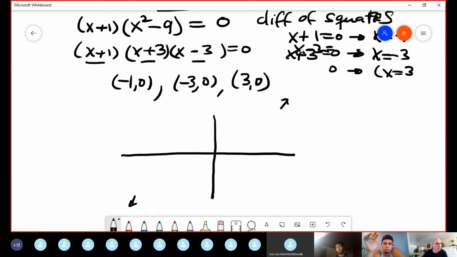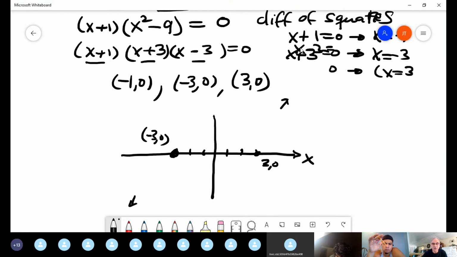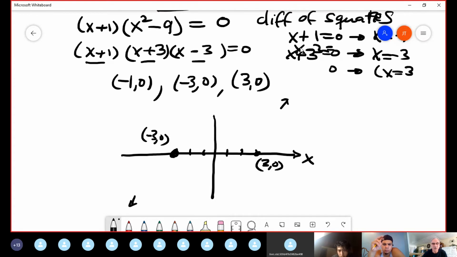We discover that here, at negative 3, 0, we have an x-intercept. And likewise, at 3, 0 is another x-intercept. And negative 1, 0 is here.